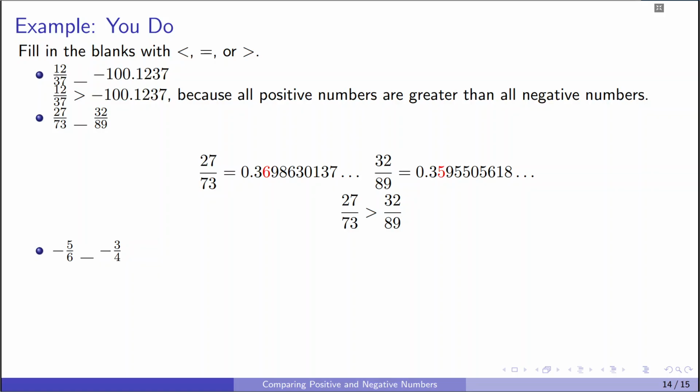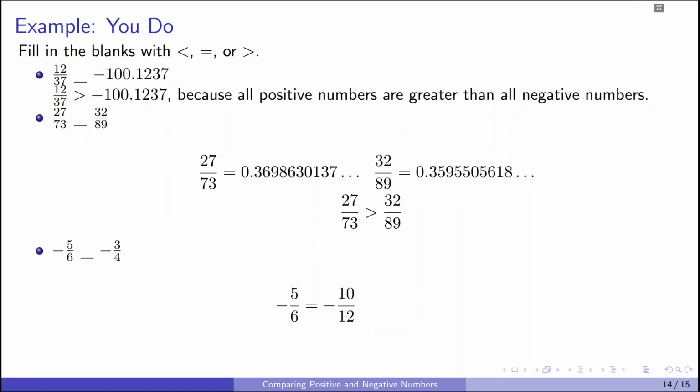Our last one, 6 and 4 are relatively small denominators. Both numbers are negative. We'll compare these with the common denominator method. So the common denominator, or at least the least common denominator of 6 and 4 is 12. So negative 5 over 6 is the same as negative 10 over 12. We multiply top and bottom by 2.